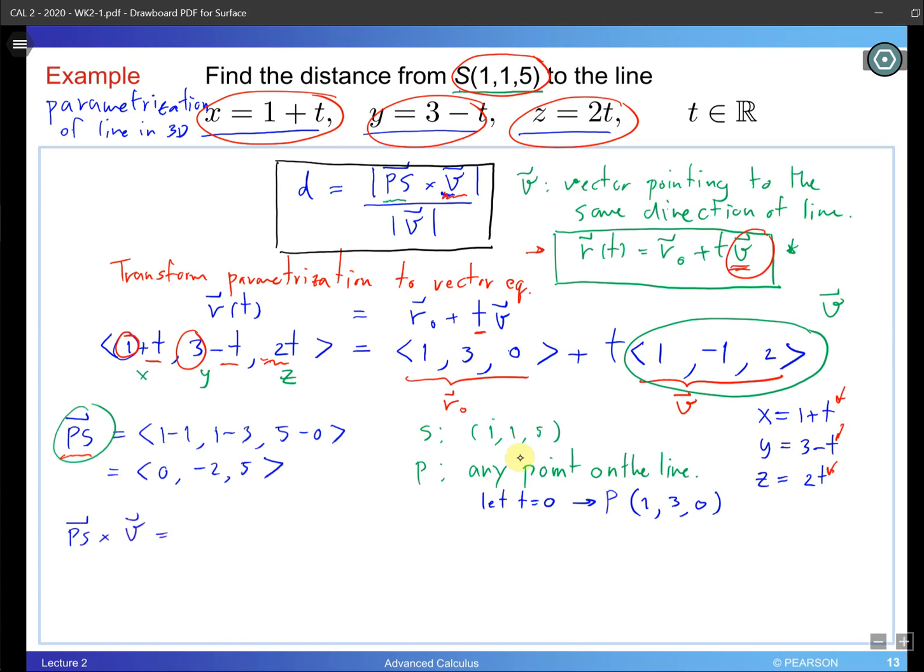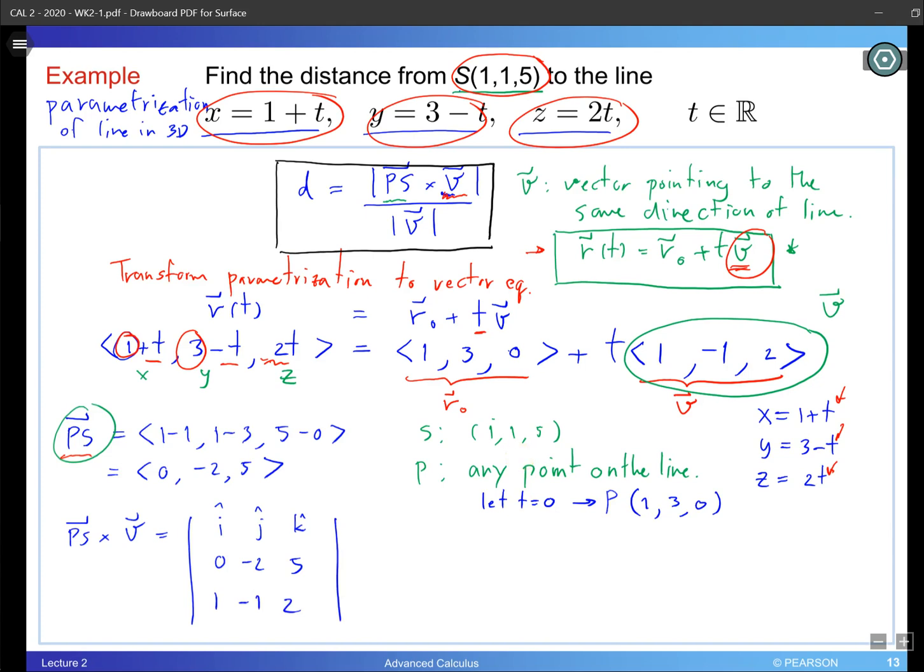It's going to be equal to this procedure: i, j, k. The components of PS go on the next line, which is 0, minus 2, and 5. The components of V come in here, which is 1, minus 1, and 2.